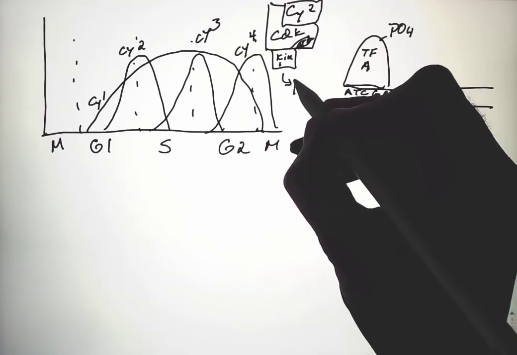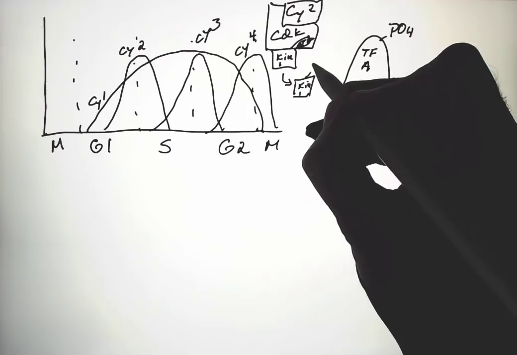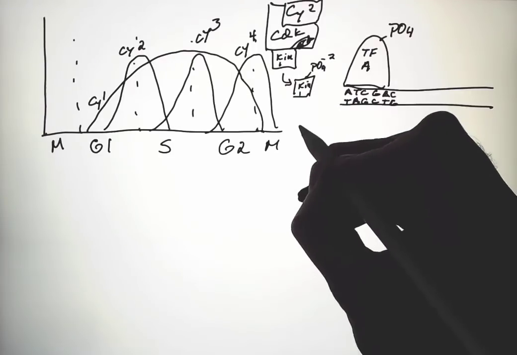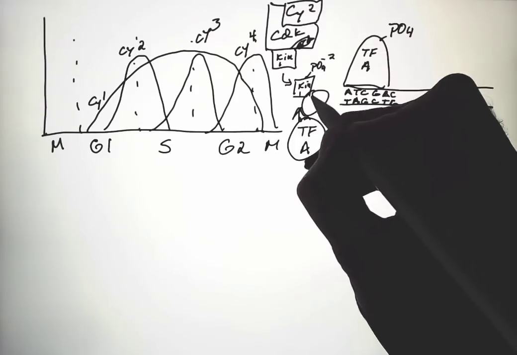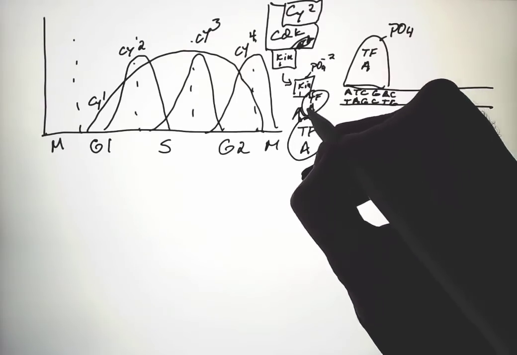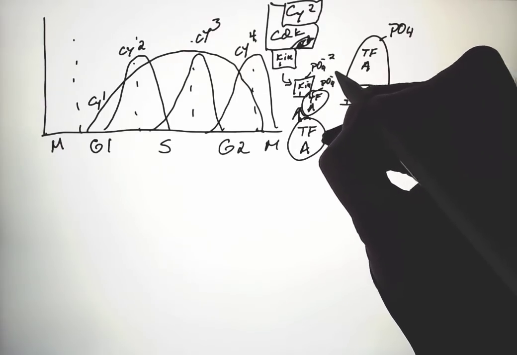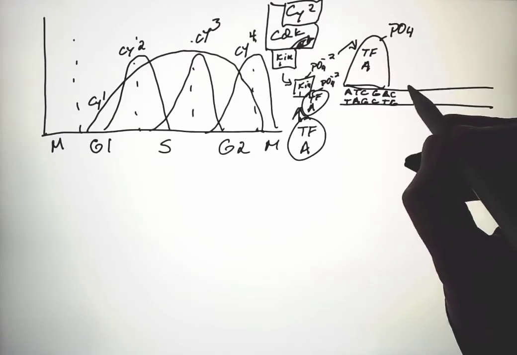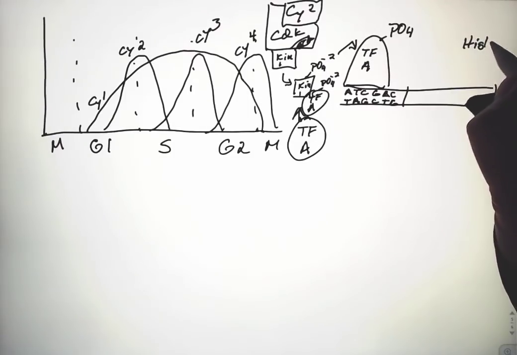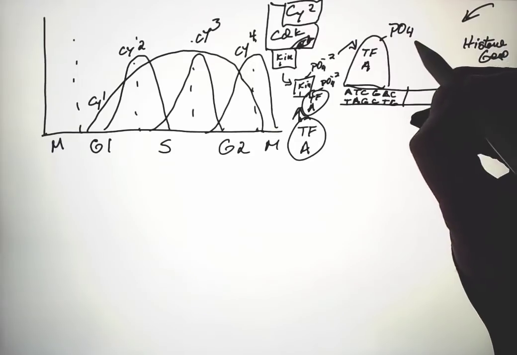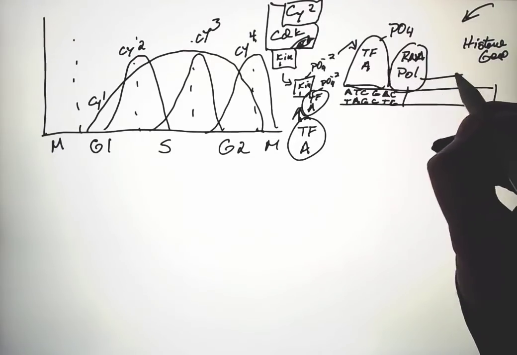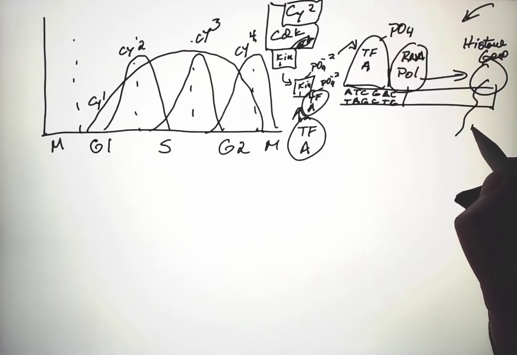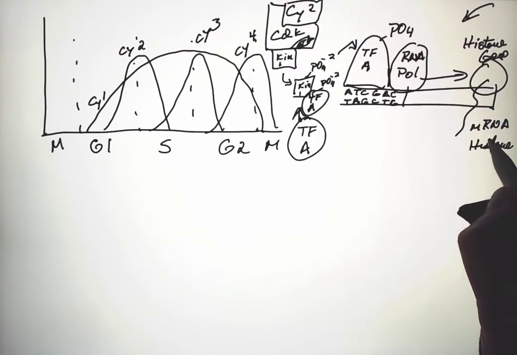That phosphorylated kinase then phosphorylates transcription factor A, allowing transcription factor A in this new conformation to bind to DNA. And here I'm drawing histone. Since cyclin 2 is between G1 and S, we might actually expect a different gene. But we get messenger RNA for that gene.